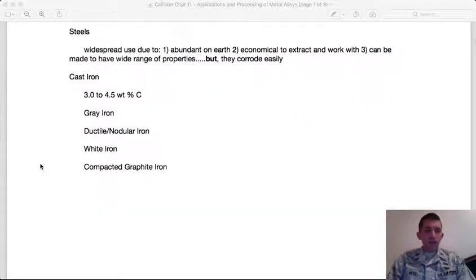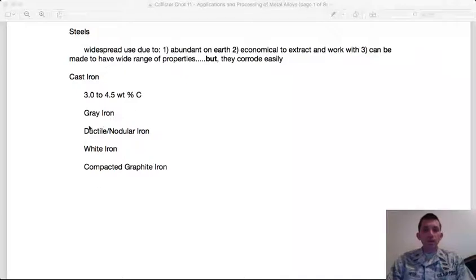but we also have various grades of cast iron, and cast iron is distinguished by having a higher percentage of carbon beyond the solubility of iron crystals to put that carbon into the interstitials, into a solid solution.